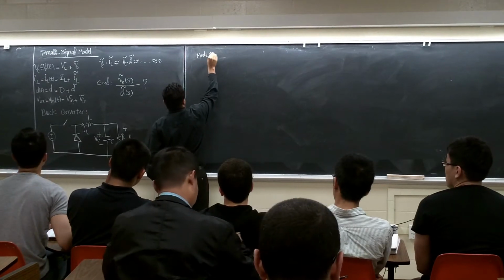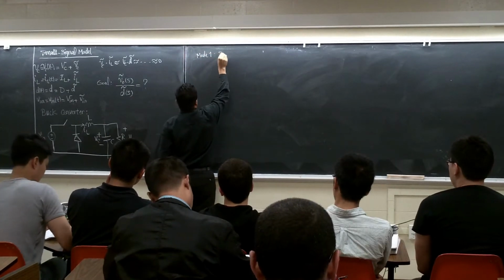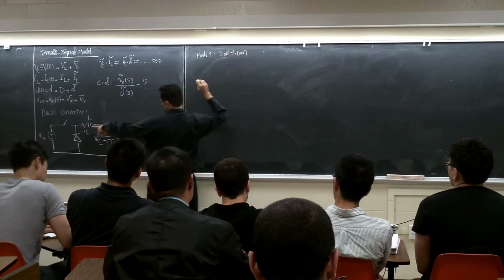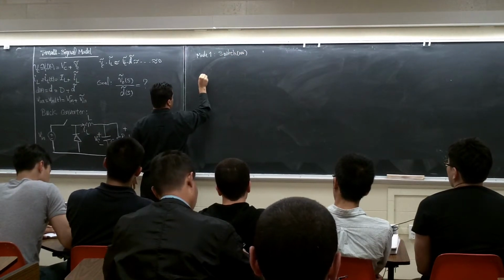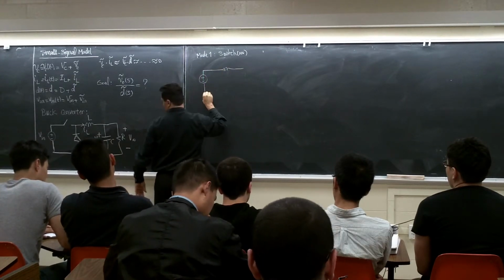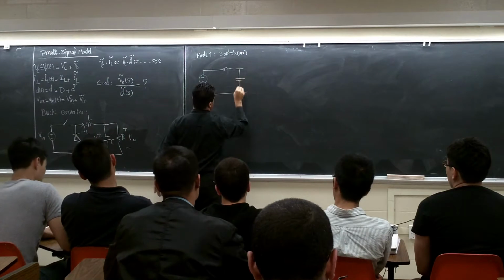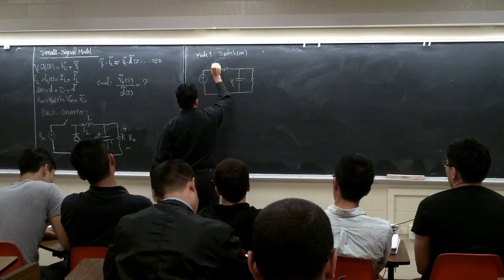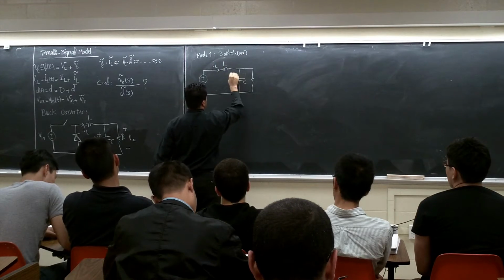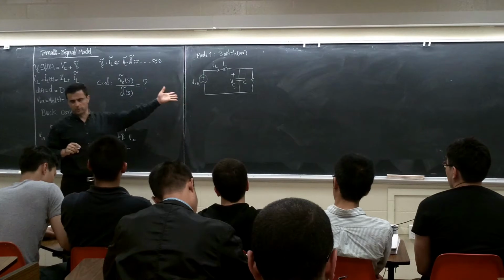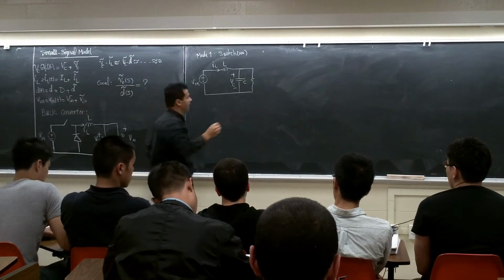Let's start from what we have. Switch closed, the switch is on, and the circuit is like this. We did this one already, but let's find the equation one more time.